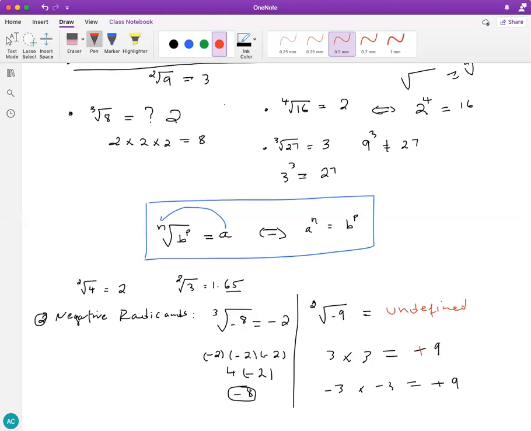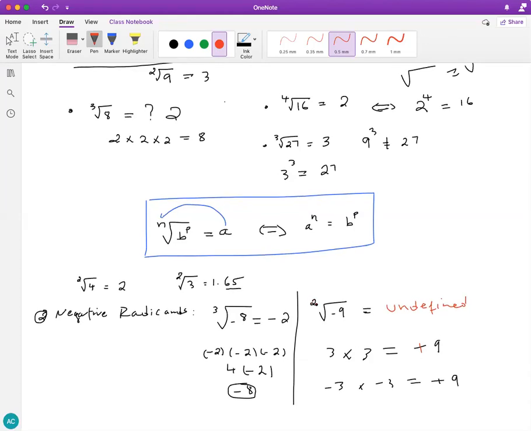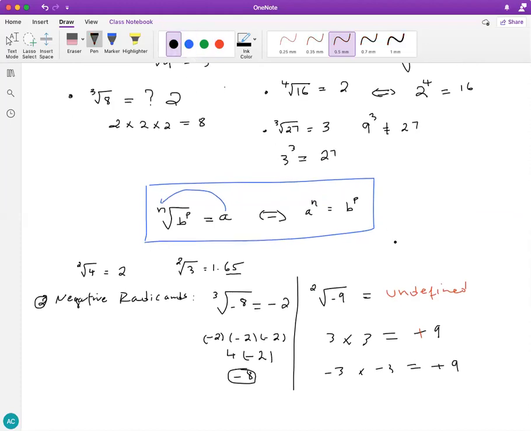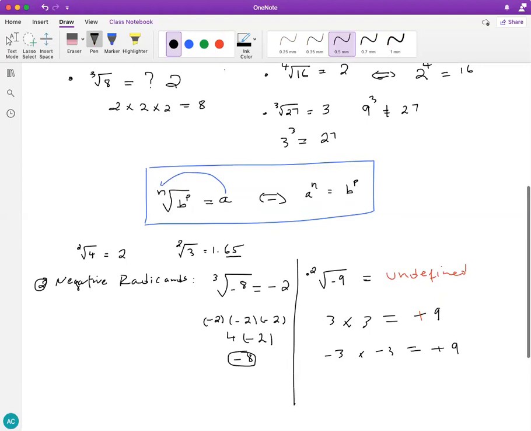Same thing if the index here is 4. Okay, the index here is 4. Is there a number that you multiply by itself 4 times to get a negative? If the index here is 4 instead of 2, can you get a positive or can you get a negative by multiplying a number by itself 4 times?